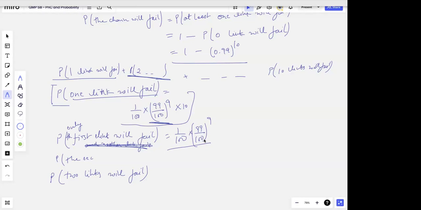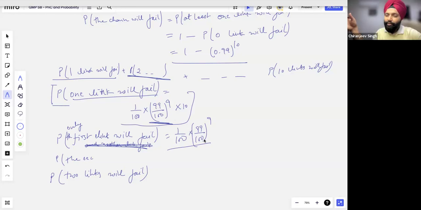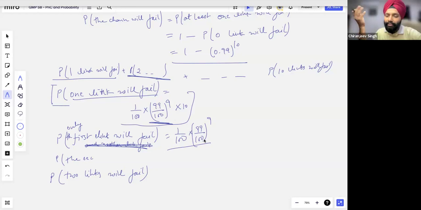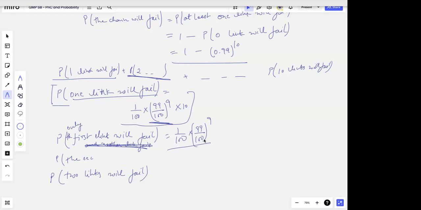What if these links were not unique, I mean different? How can links be the same? The 10 links in a chain will always be different. I get it. Actually, I mixed two, three things together, but yes, I get it.